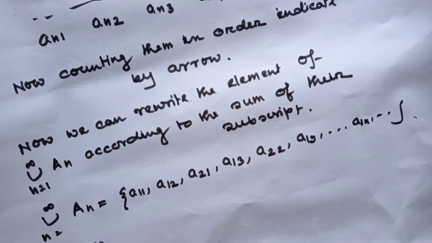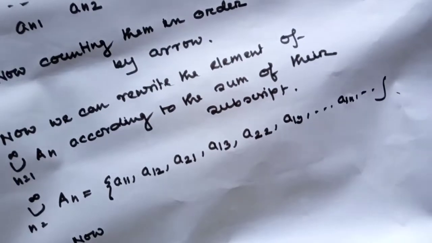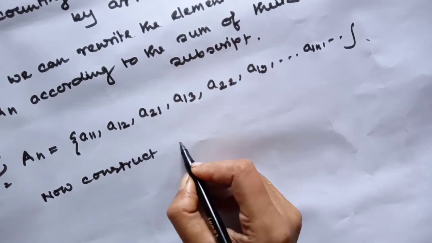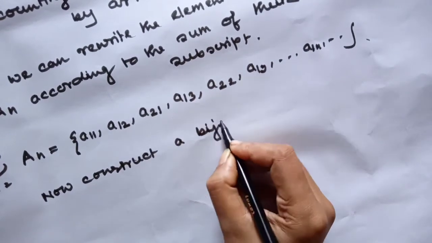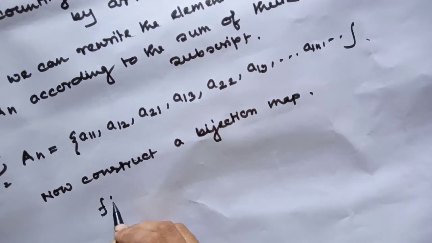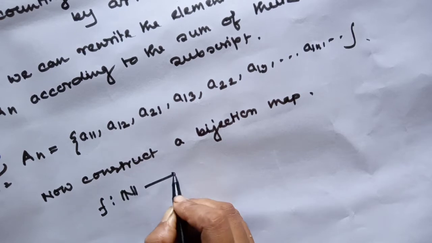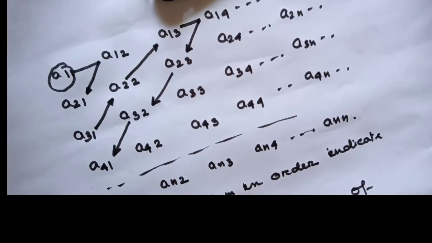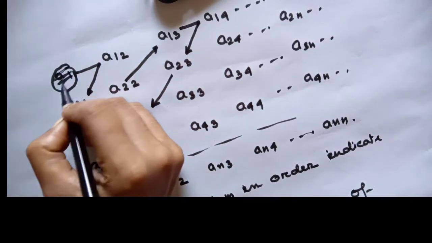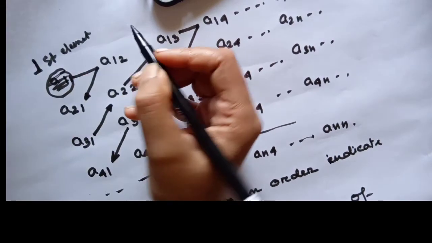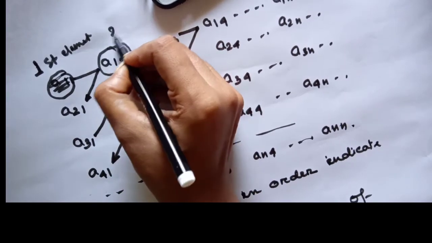Now construct a bijection map from the natural numbers to the union of An. Have you understood? How is the bijection map? A11 will be the first element. A12 will be the second element.